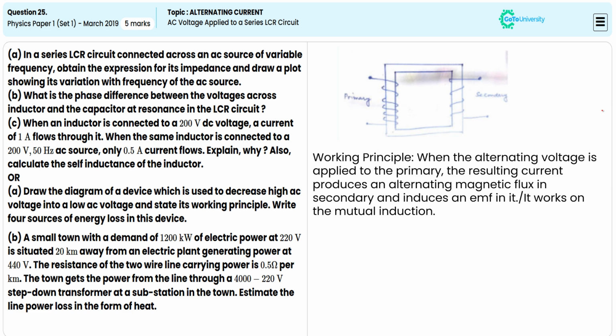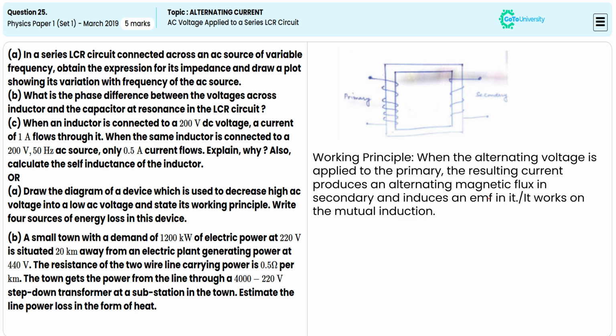When the alternating voltage is applied to the primary, the resulting current produces an alternating magnetic flux in the secondary and induces an EMF in it. It works on the principle of mutual induction.